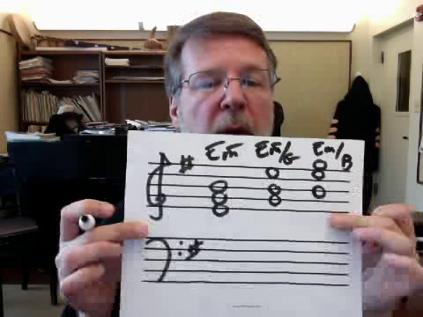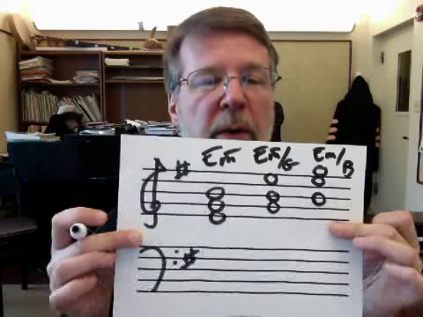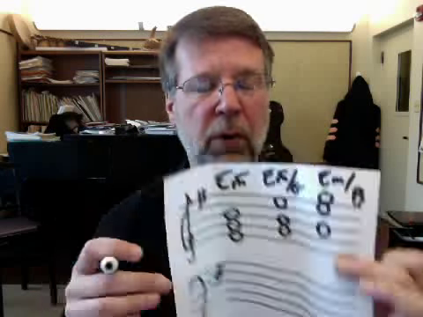And then in the first inversion, we would have G in the bass. And in the second inversion, we'll have B in the bass. Okay, so we have E minor over G, and then E minor over B, like that. So we've got the root position, the first inversion, and the second inversion.